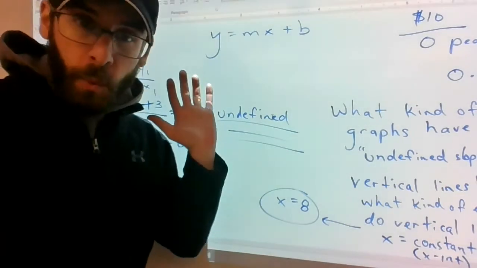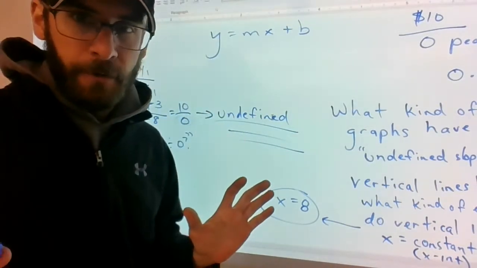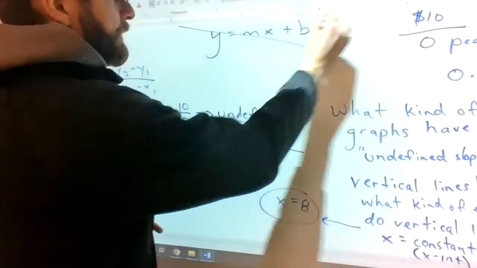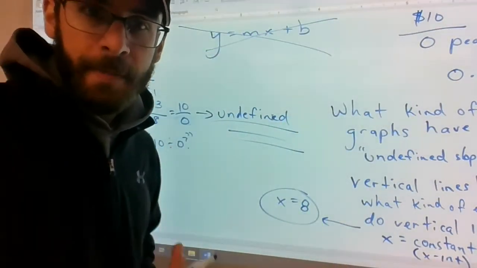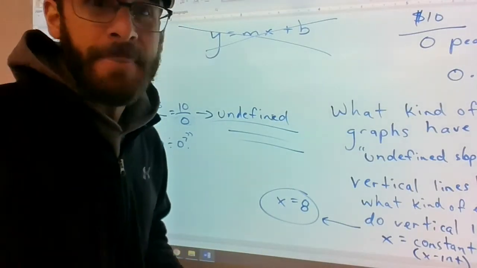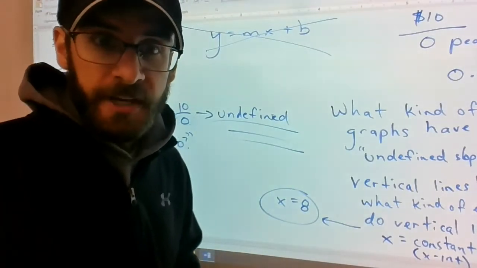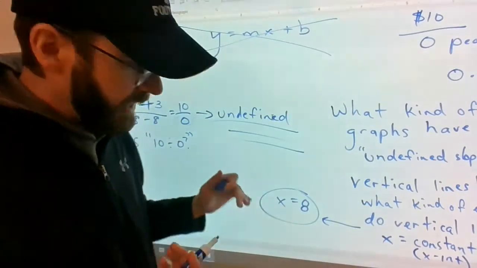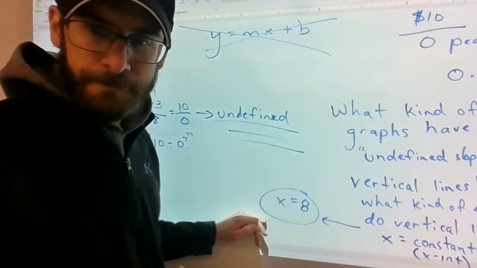So what we're learning from this particular example is that vertical and horizontal lines completely blow up the y equals mx plus b paradigm. The y equals mx plus b format doesn't really establish itself well for these special cases.